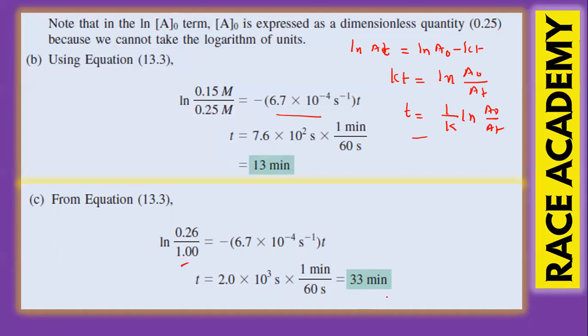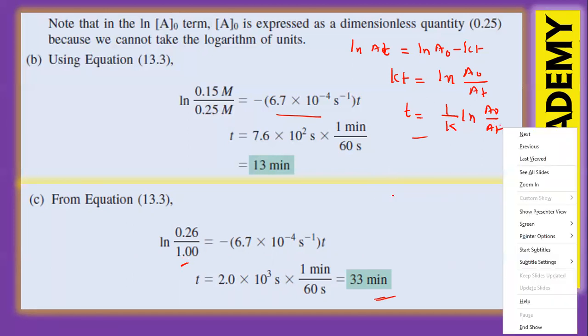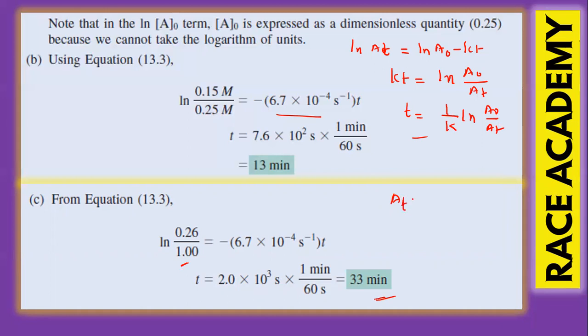That is substituted. In this expression you have to find the time interval. So AT value is 26 and A naught value is 100. You can write 26% also, okay. So you got 33 minutes.